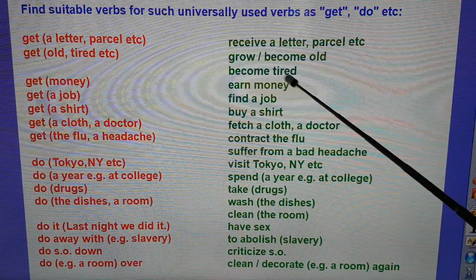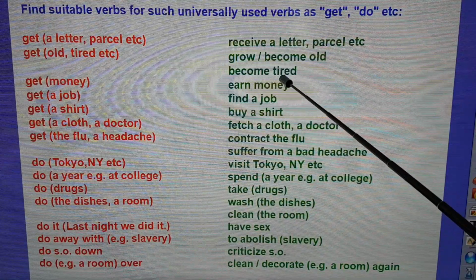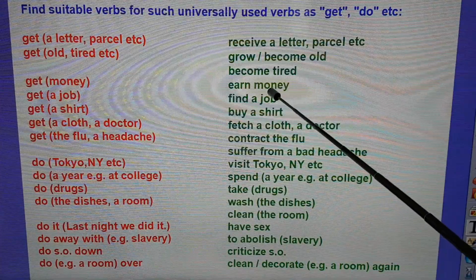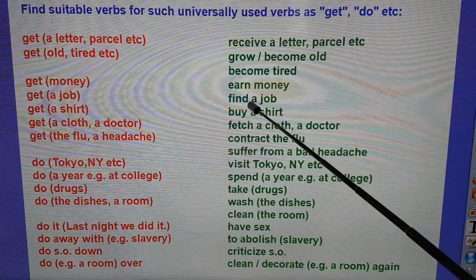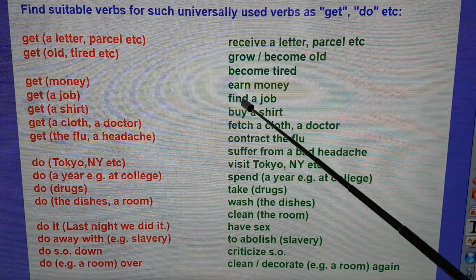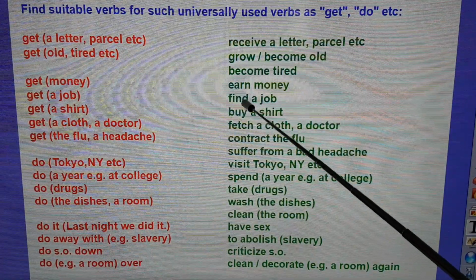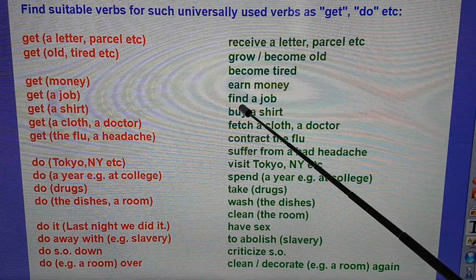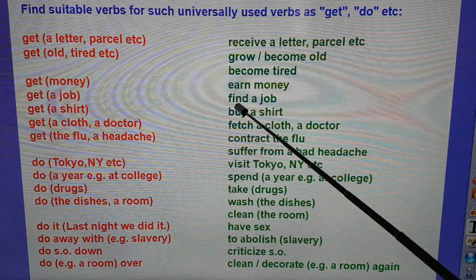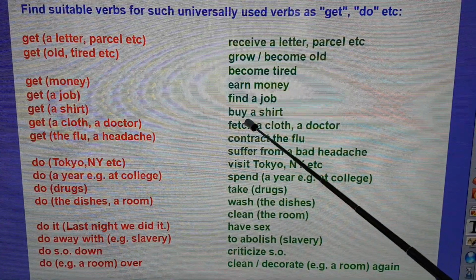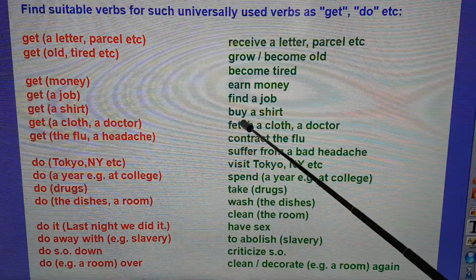Get money: earn money, of course. When you get a job, get a job, please. Would you please speak standard English? Get a job. You're not a ghetto kid. Okay, get a job. Find a job. Buy a shirt instead of get a shirt.